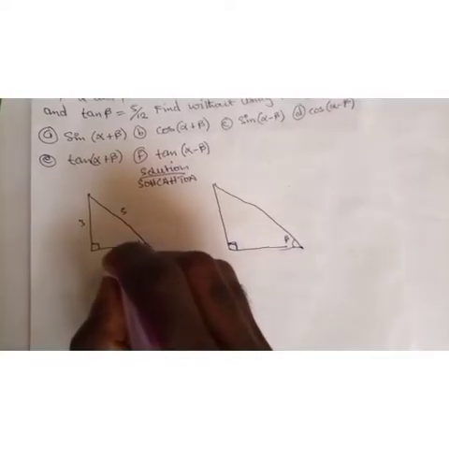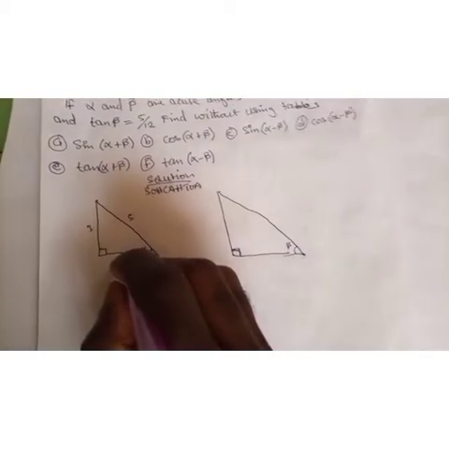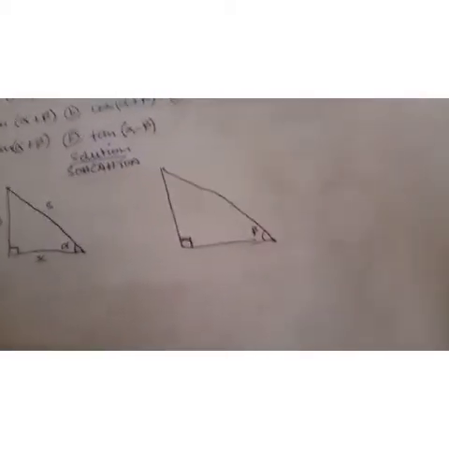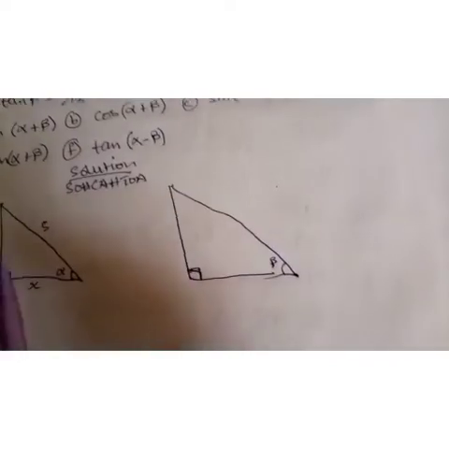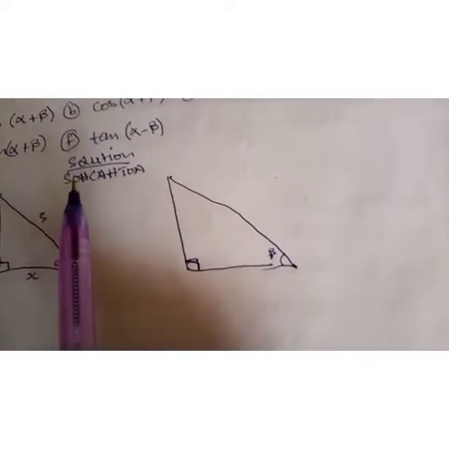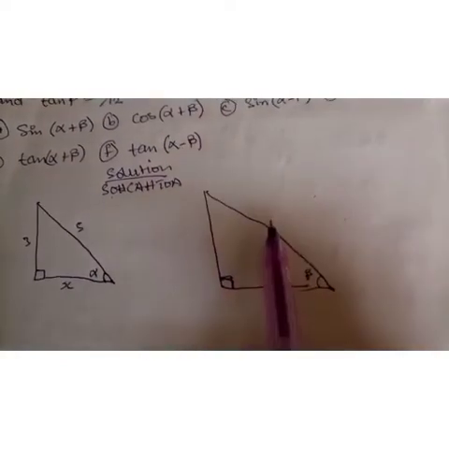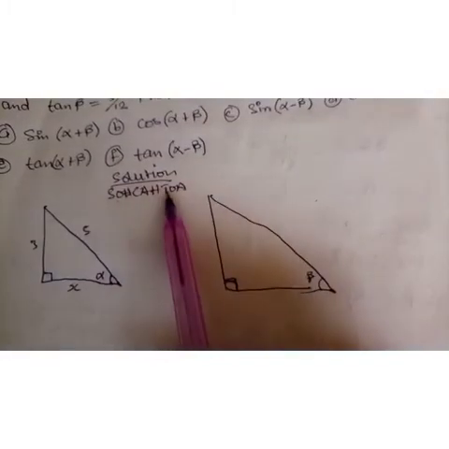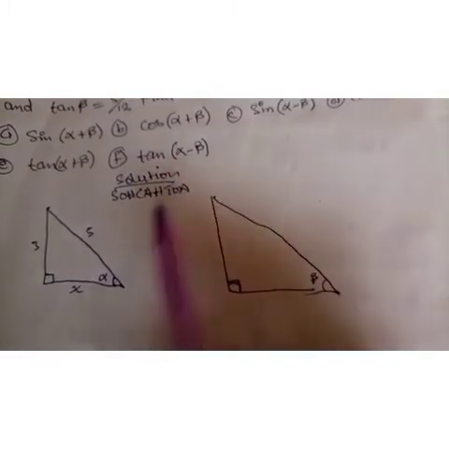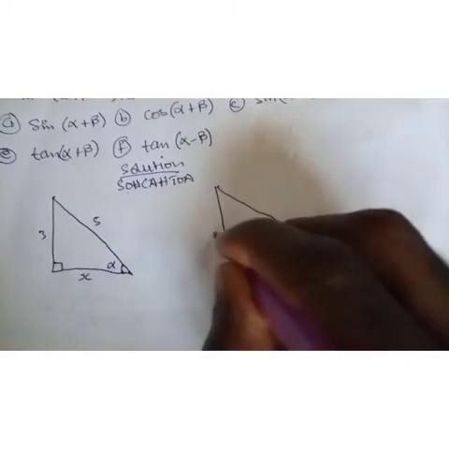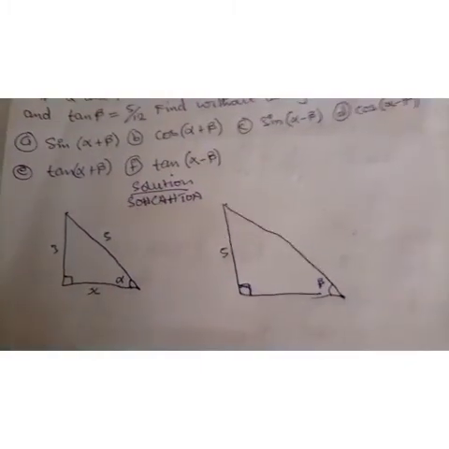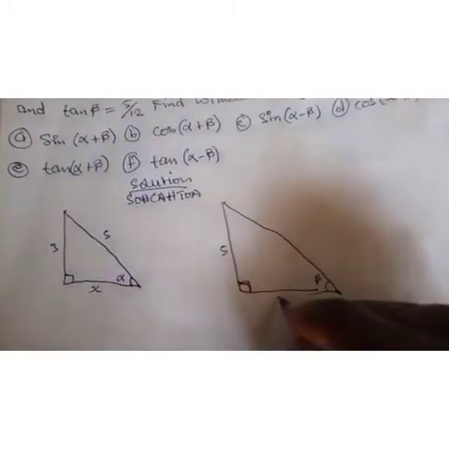We are going to look for this, let's call this x. When it comes to angle beta, tan beta is 5 over 12, and TOA is opposite over adjacent, that means the 5 here is the opposite and the adjacent will be 12.